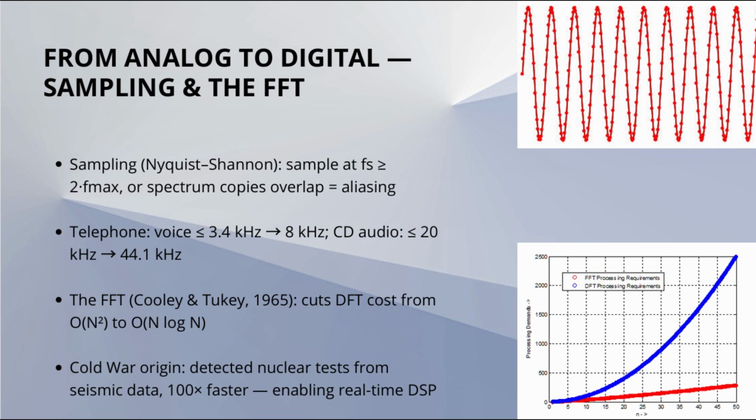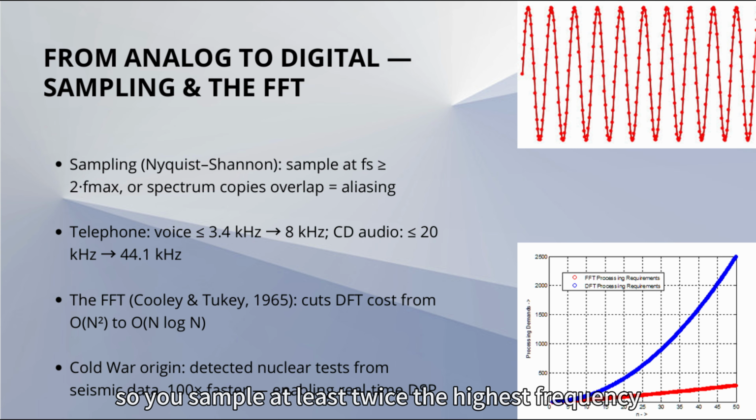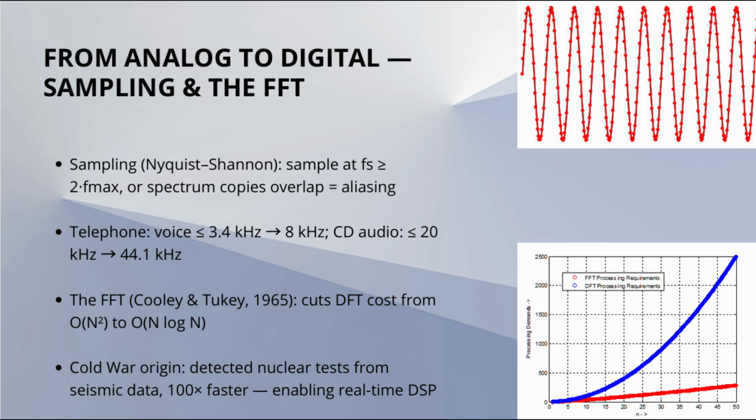That's aliasing, and the signal is ruined, so you sample at least twice the highest frequency. This is why the telephone, carrying voice up to about 3.4 kHz, samples at 8 kHz, and the music CD, covering hearing up to about 20 kHz, samples at 44.1 kHz.